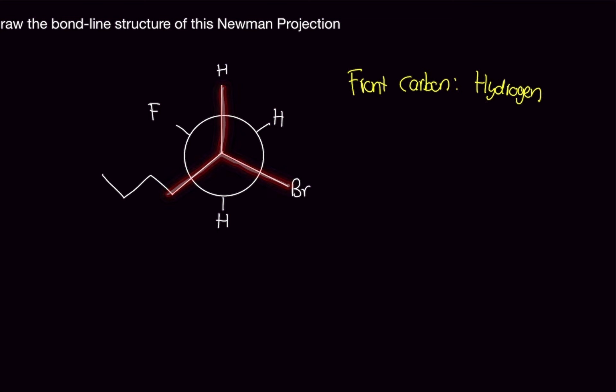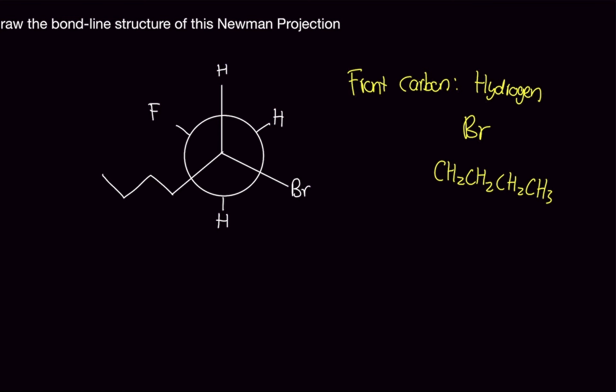This is the front carbon stuff. We have a bromine, and then we have this super weird squiggly line stuff here. So this is CH2, CH2, CH2, CH3.